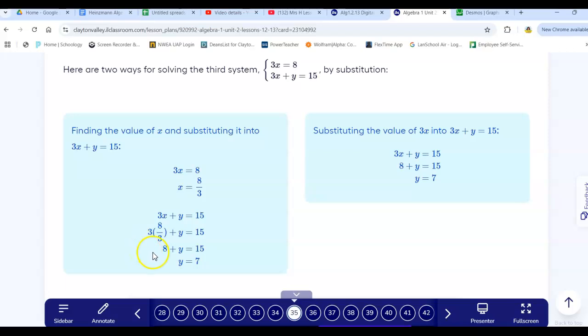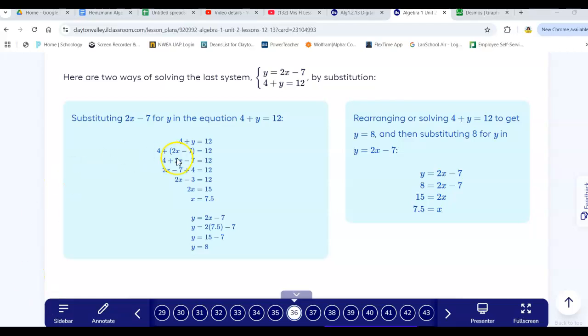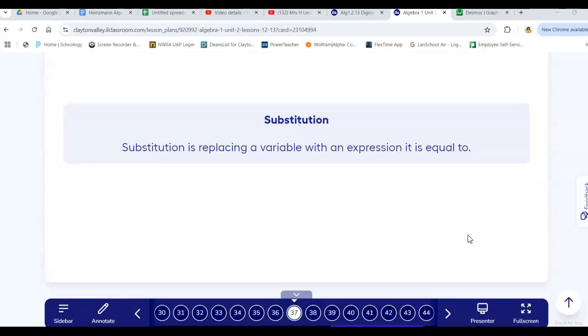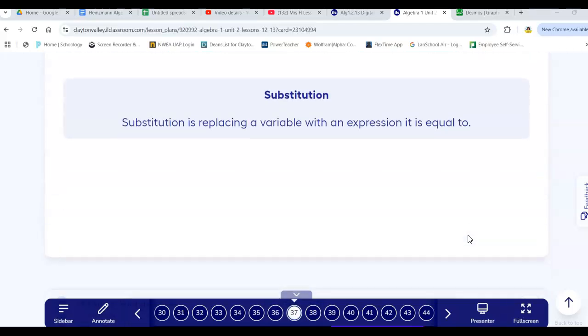You're going to solve for that variable, and then you'll either have a solution or you won't. They repeat that for this other system, and they show you once again how you can solve this system, another one. They also give you a definition.